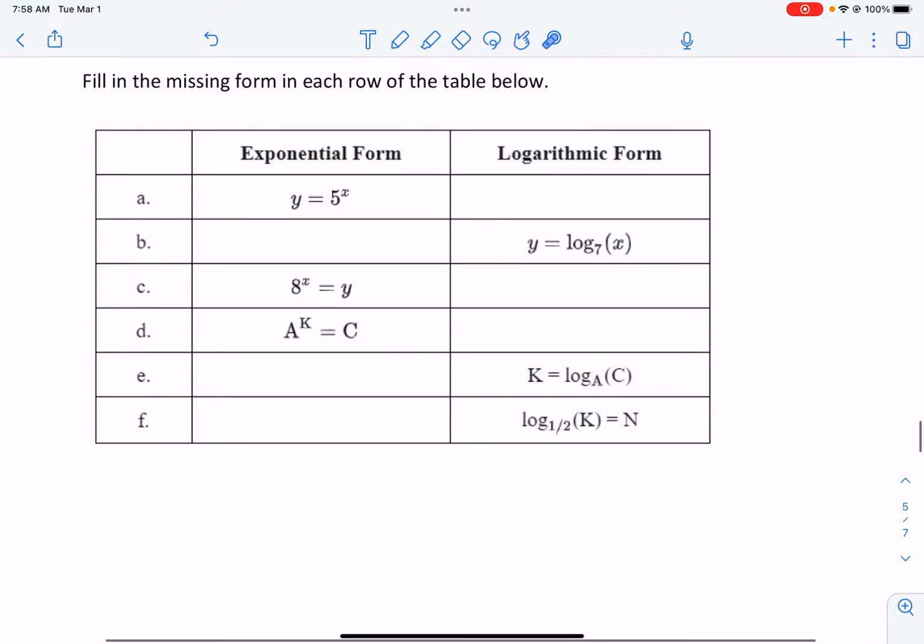Okay, so I'm going to hope that you pause the video so you could at least try a few of these on your own. I'm going to go ahead and write in the answers so you can check. So I'm just moving everything around based on where it goes, looking at up above, okay?